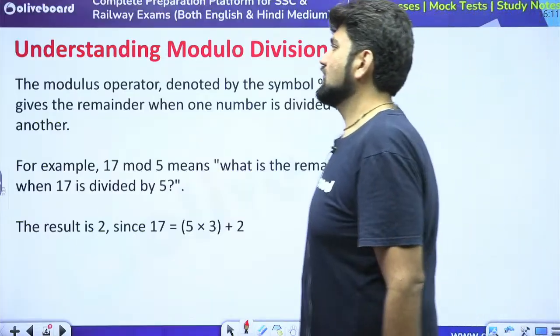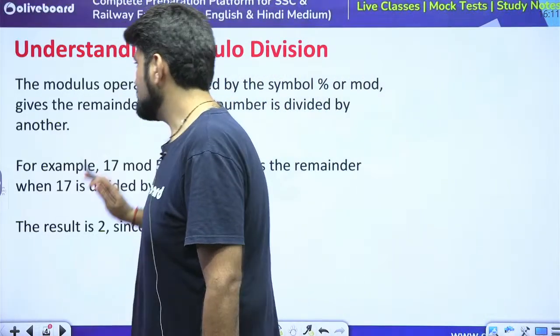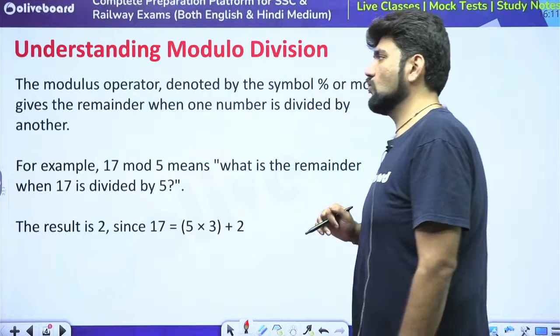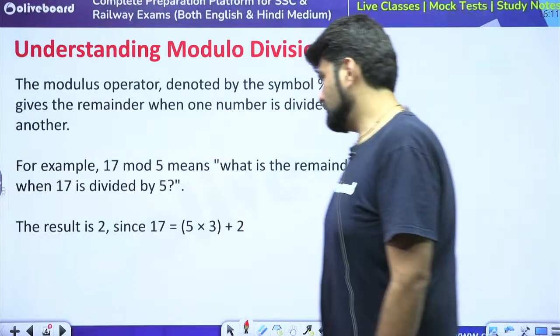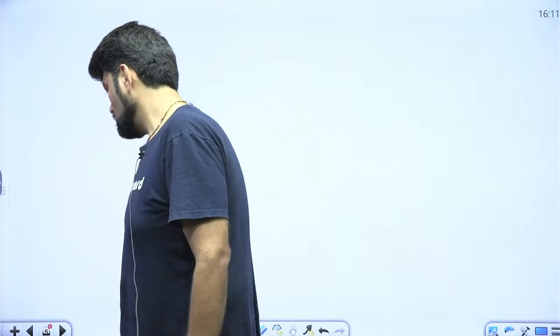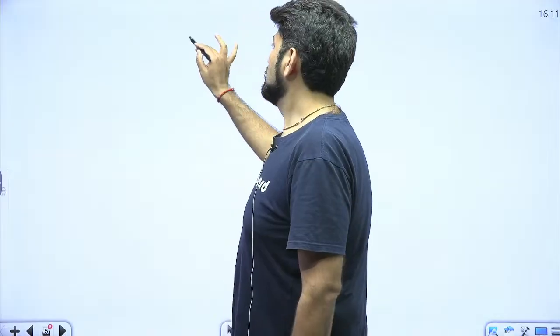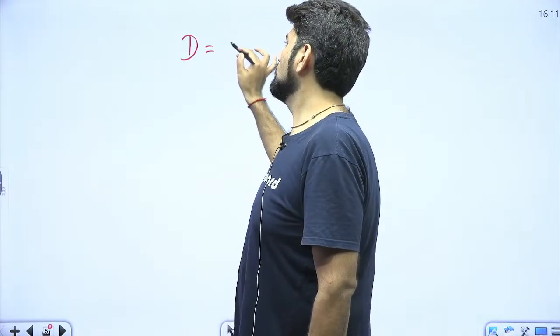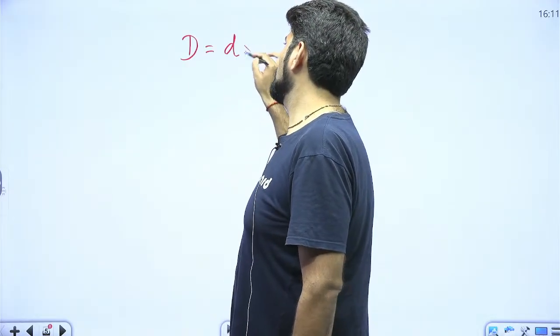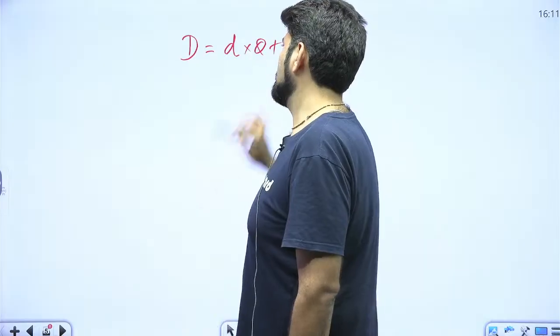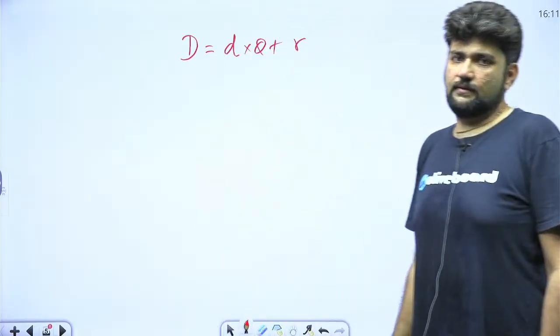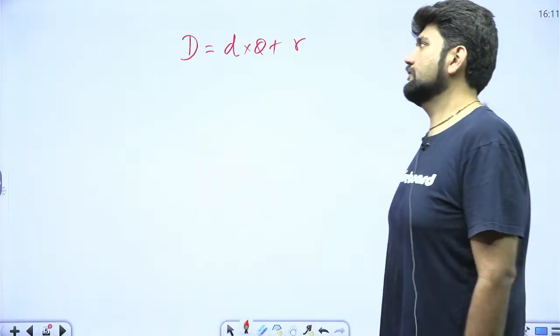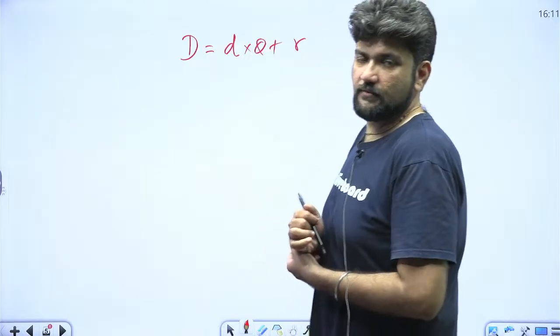Now let's start. First let's understand what the modulo division or the modulus operator is. Basically, if you know this law: dividend equals divisor into quotient plus remainder. I think we all know this. We have all learned this already.